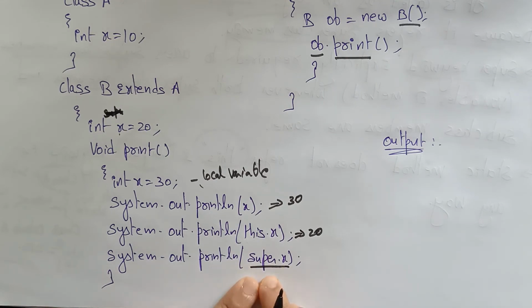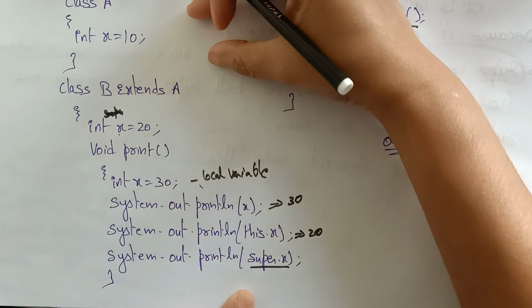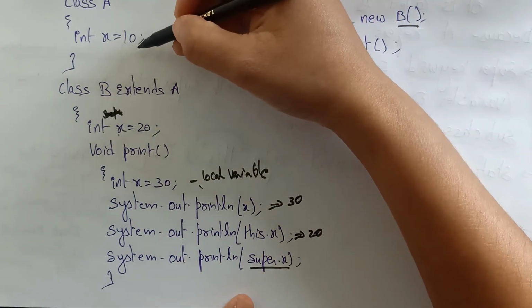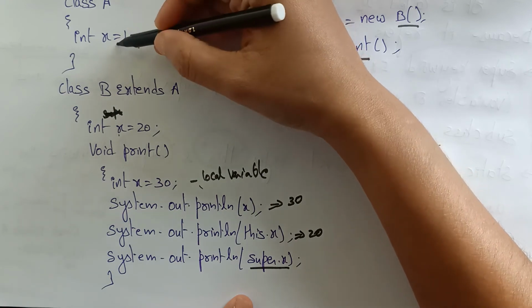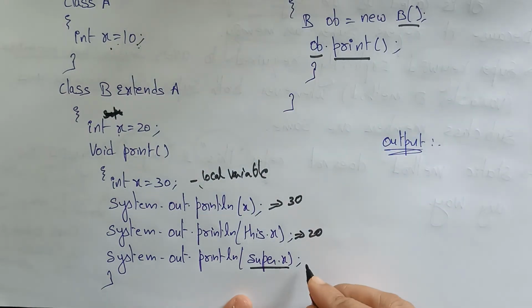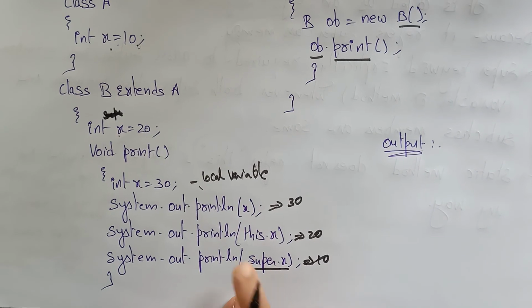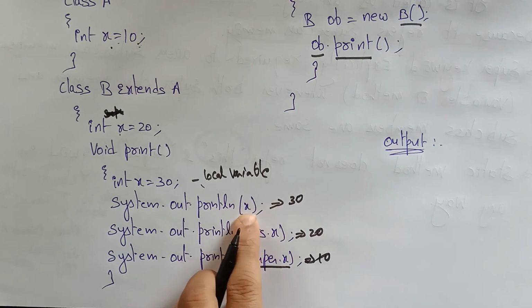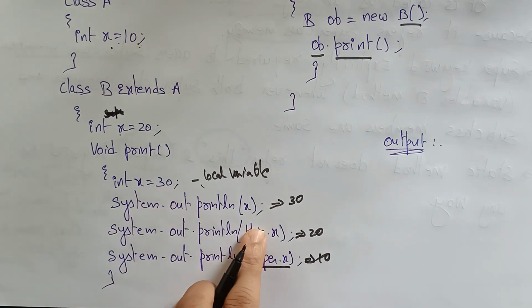Super.x means it refers to the memory allocated to A's variables. So whatever A's variable consists of, that is x equal to 10, so 10 is going to be printed. So x without mentioning anything prints the local variable 30, and this.x means this class object's variable is going to be printed.